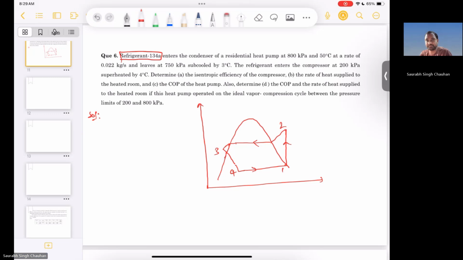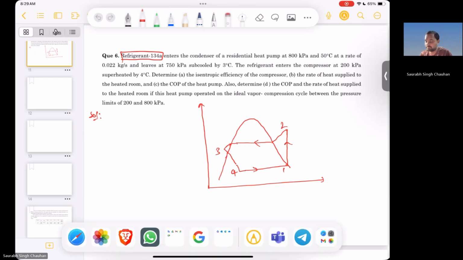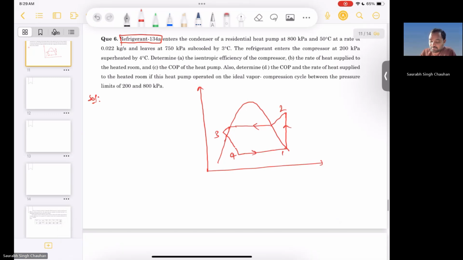Okay. So I will write the values. P2 is equal to 800 kilopascal, T2 is equal to 50 degrees Celsius.